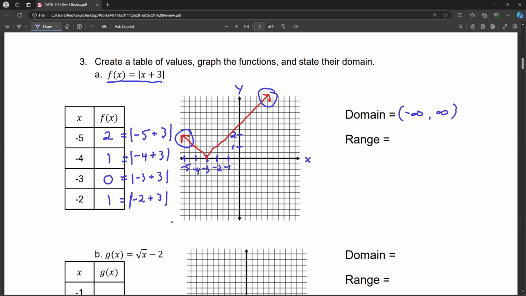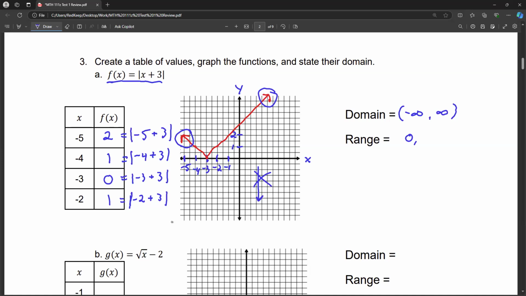Okay, so finally, let's move on to the range. The range is going to be somewhat similar to the domain. However, let's start by thinking about the lowest y value possible for this function. Note that we're not going off to -infinity. We're not going down any further than 0. That's the lowest y value, and we can actually equal 0.